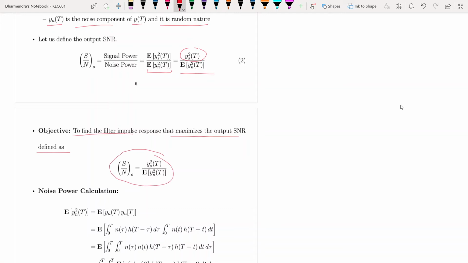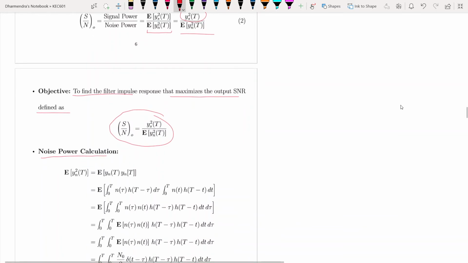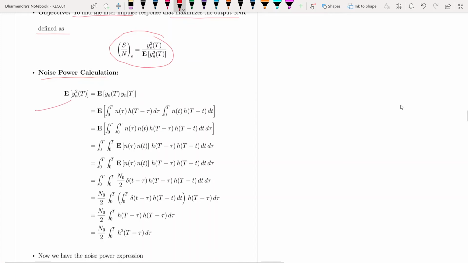as this. So first I have to calculate the noise power, which is defined like this. You can easily prove that this mean is 0, so the second moment will be the noise power.